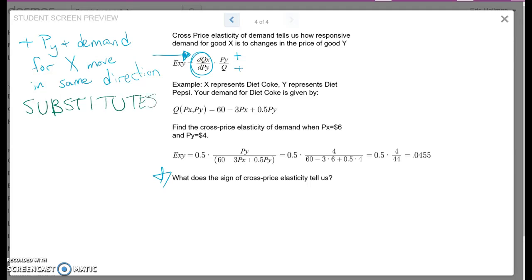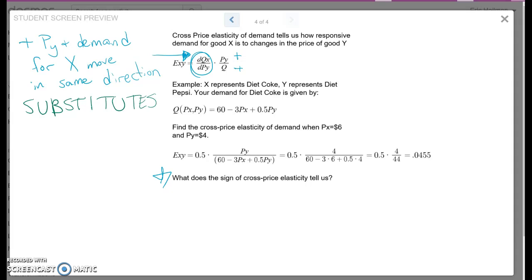So this would be like the example we just looked at. If the price of another good goes up, that means we are going to consume less of that good because of the law of demand. If I consume more of good X because of that, that means that I substituted good X for good Y.